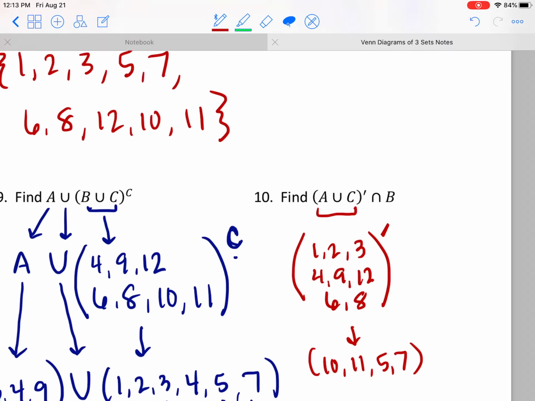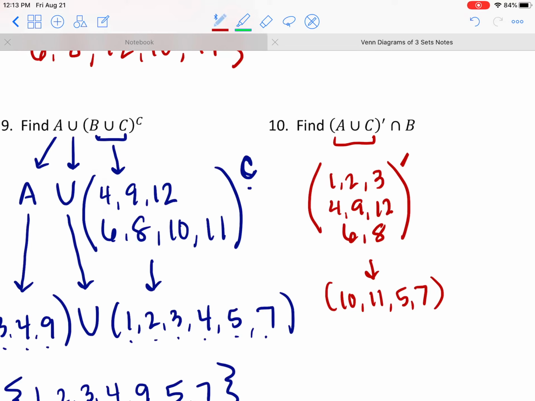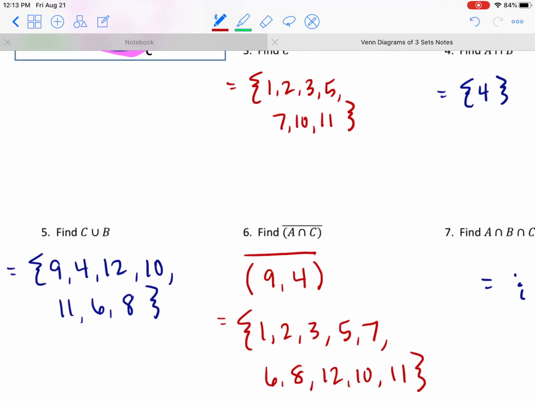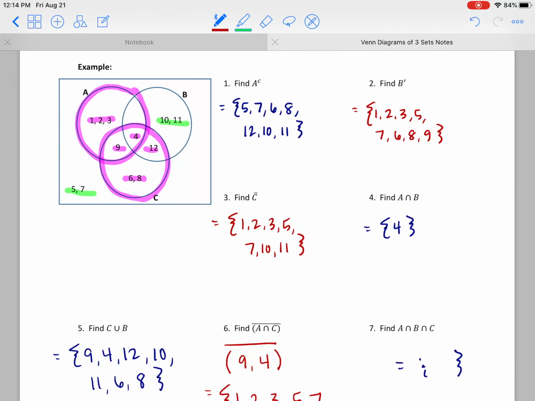Now what we need to do is find the intersection with B.